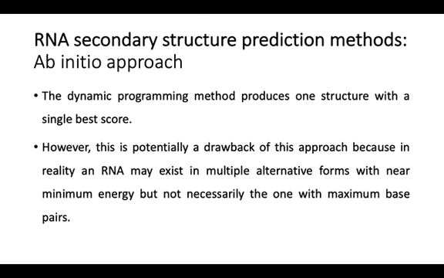So multiple alternative forms of the same RNA can be present in reality, which have almost similar energy, but their base pairing cannot be similar or cannot be maximum. So that's why dynamic programming is a good approach, but it has this drawback that it cannot solve this problem.